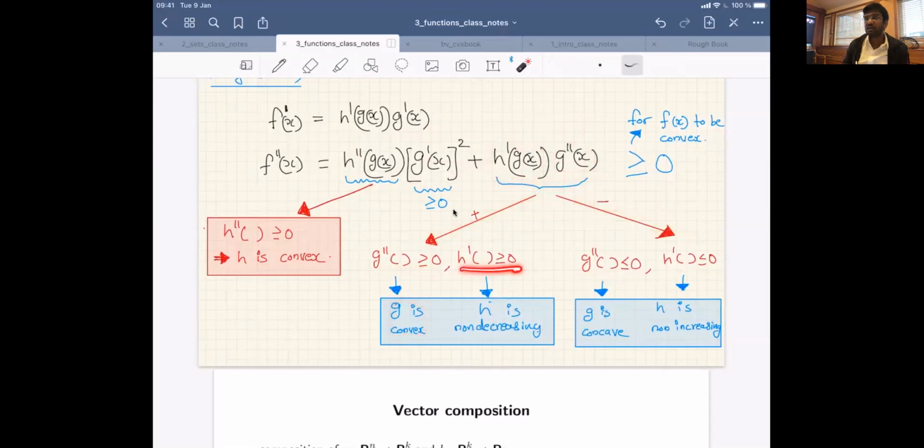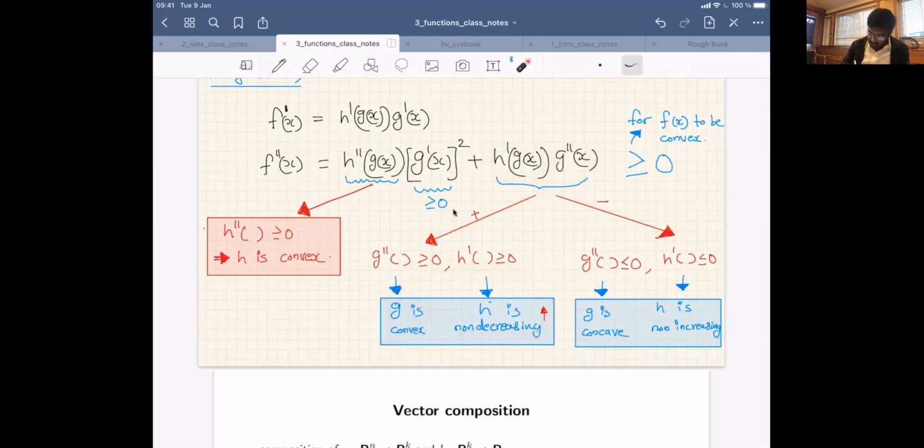When a first derivative is positive, what conclusion can you make about that function? It is non-decreasing. The function has a shape like this, increasing, and its derivative will be positive. I think we already saw this in the last class. So this is non-decreasing, I will use this notation for non-decreasing. That is one condition.